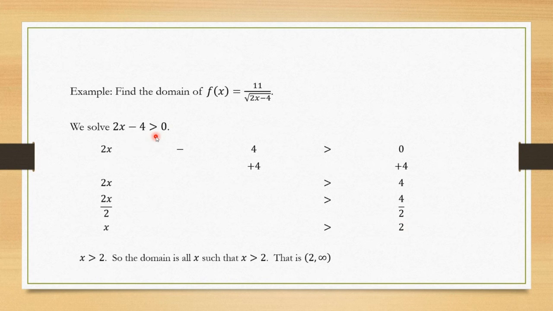So we're solving this inequality, we're finding all the solutions, and the domain then is all x such that this is true. Such that x is greater than 2, same as saying all x in this interval. So we have the domain of this function.